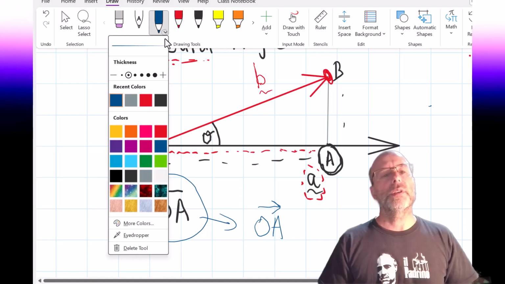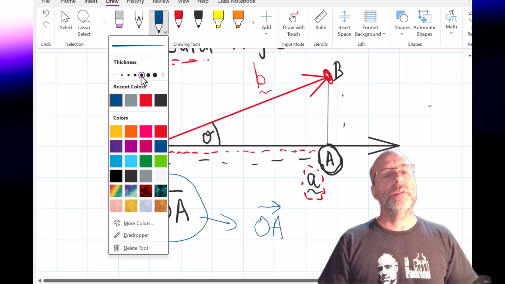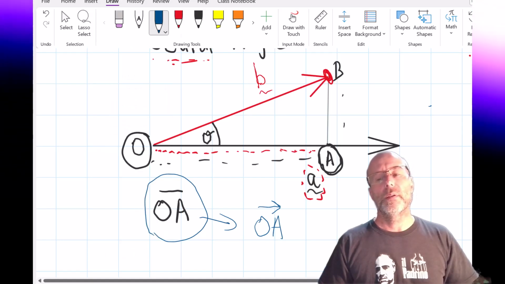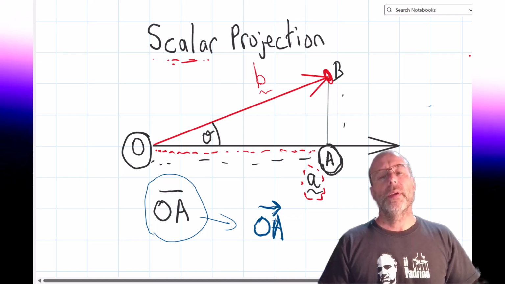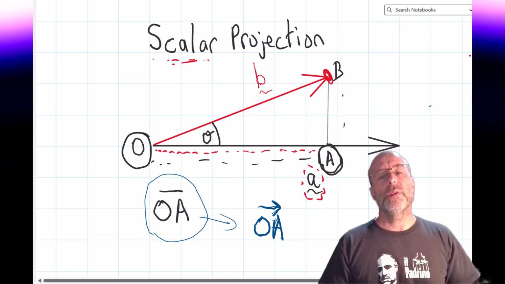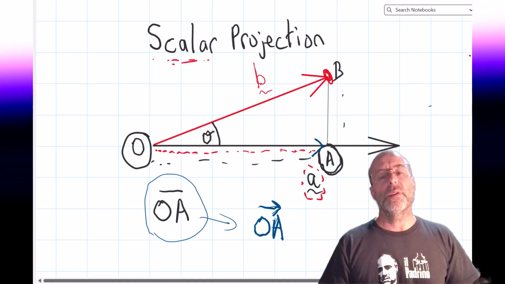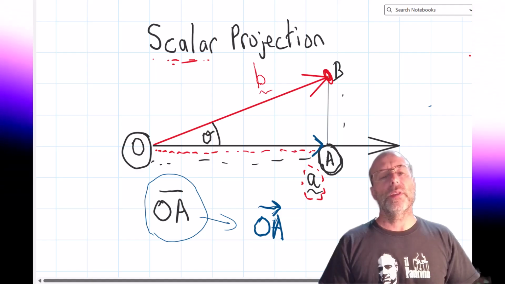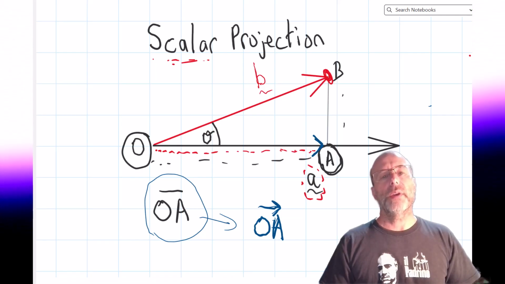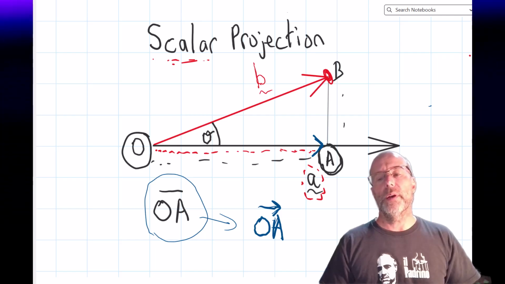Let me just get a bit more thickness on that. There you go, a bit more heft there. Because we've got a vector, we need a direction, so I'm putting that there. So vector OA from line OA.